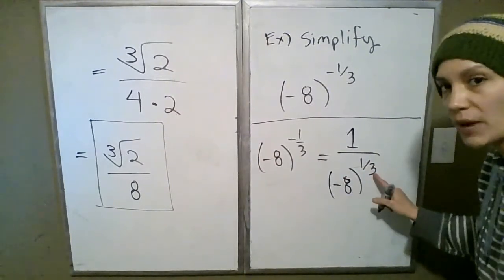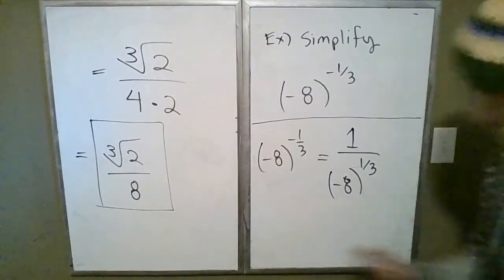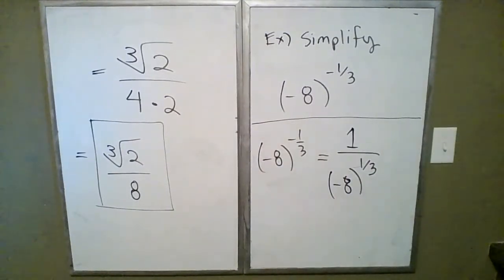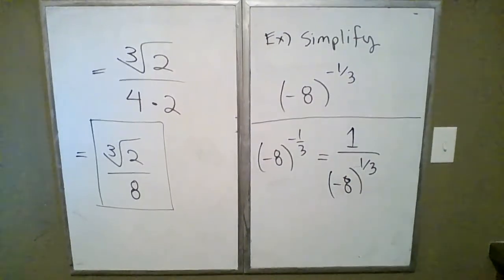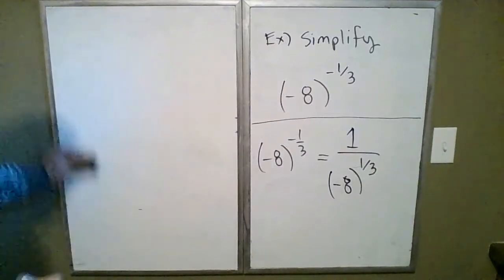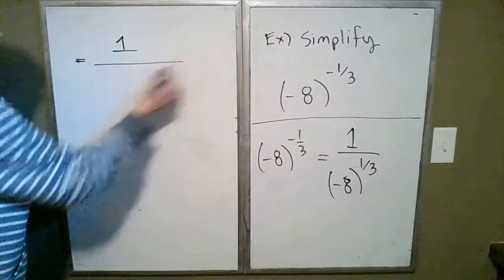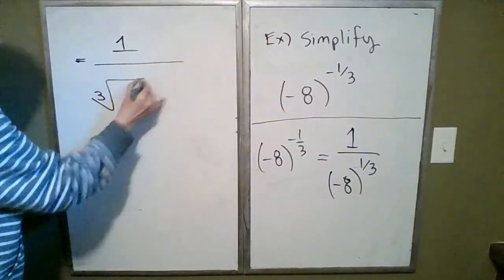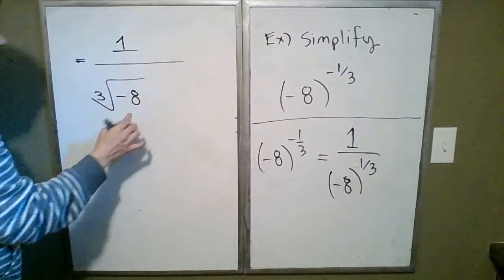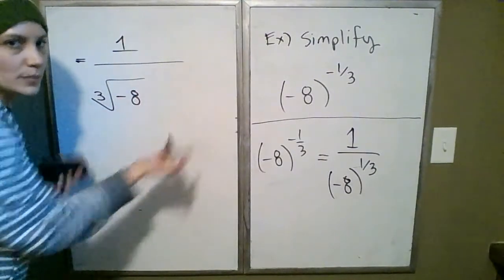I would write that 1/3 power as a cubed root of -8. And if you want to put an exponent of 1 on the outside, you can, but it's not needed.